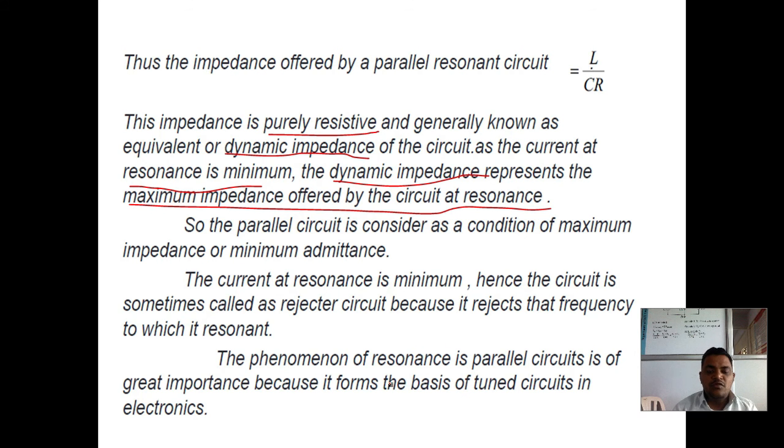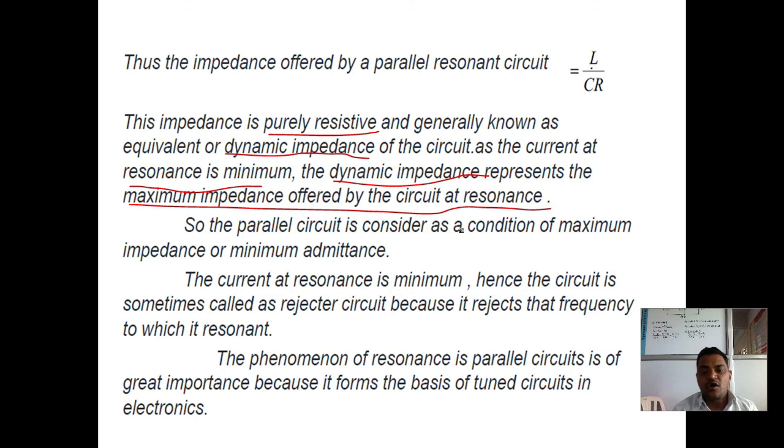So for the parallel circuit, the impedance offered by the parallel resonance circuit is L upon CR, and this impedance is purely resistive, generally known as the equivalent or dynamic impedance of the circuit, as the current at resonance is minimum. The dynamic impedance represents the maximum impedance offered by the circuit at resonance.